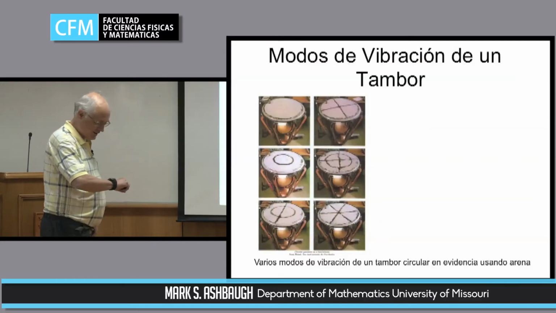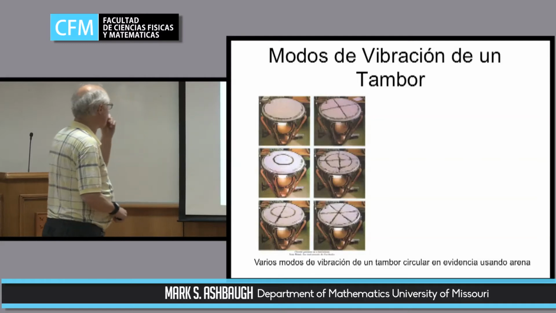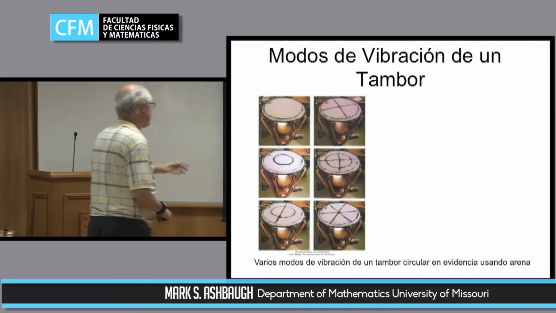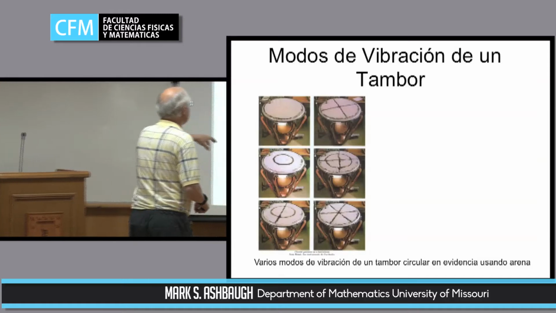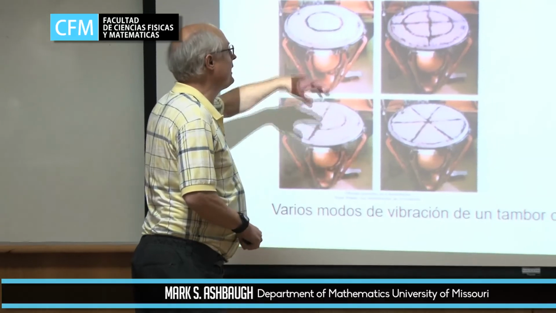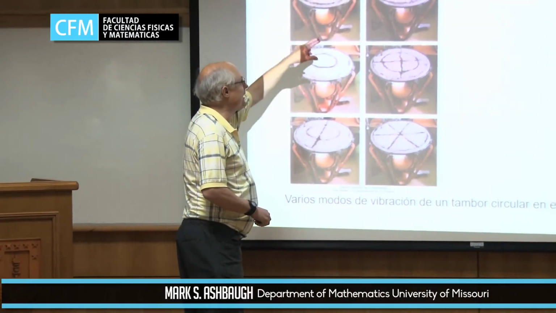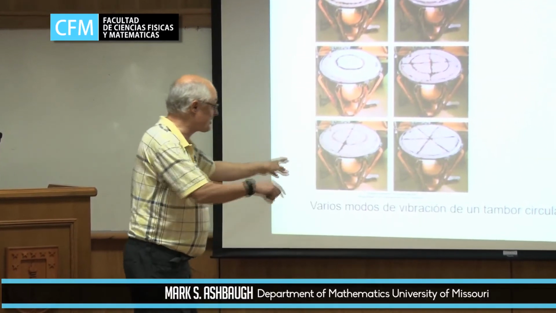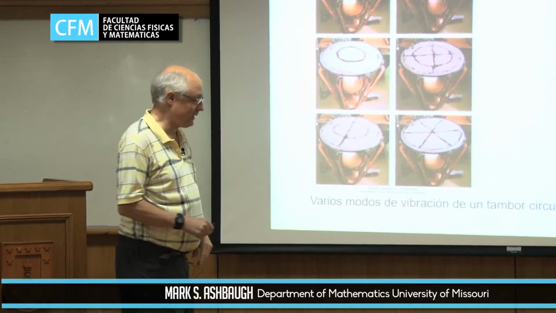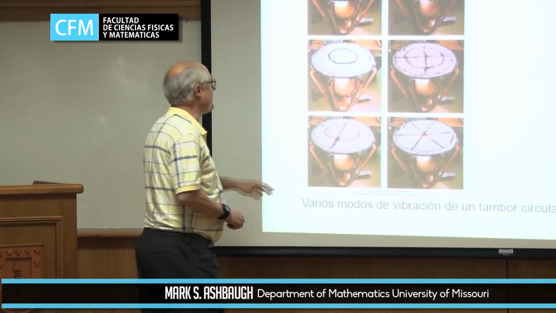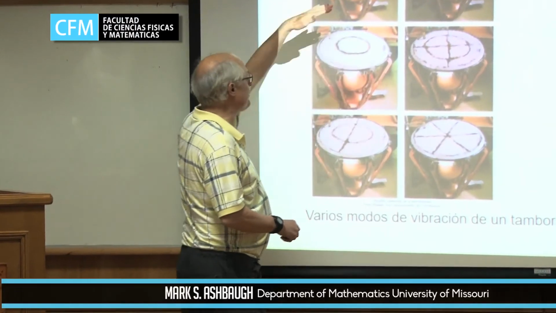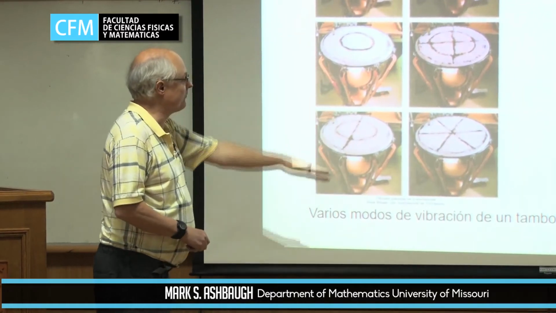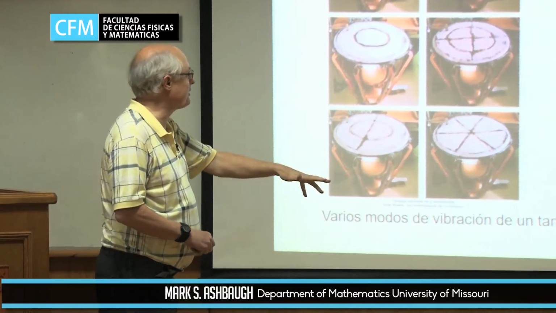Now here we start getting into the modes of vibration of a circular drum. And this is a picture of a timpani where you spread sand on it and then cause it to vibrate in one of its natural modes. So these would be the modes that are separating things out into their simplest form, like we did in the string. And what you find is that there's a fundamental mode where the whole membrane goes up and down, all in unison more or less.